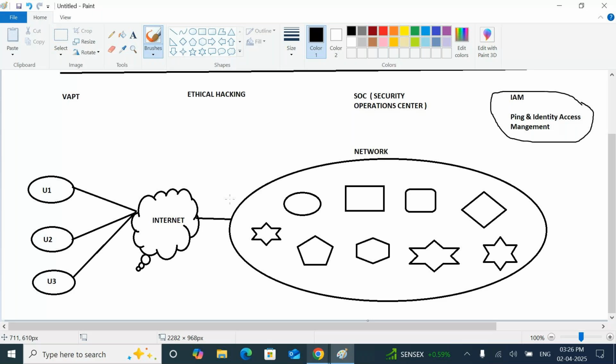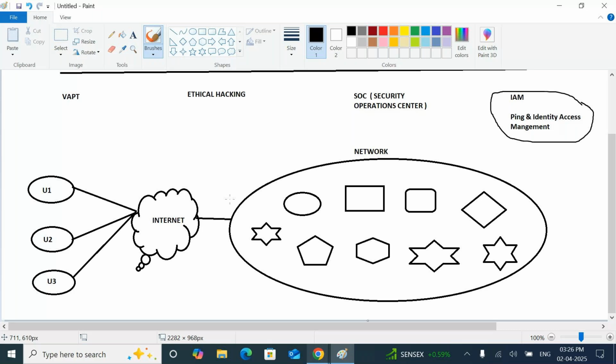The main role of SOC is to maintain and monitor the network. If anything happens to the network, you need to report it. You need to report the suspicious activity or malware activity to the concerned team. Accordingly, you need to create documentation for lessons learned also.